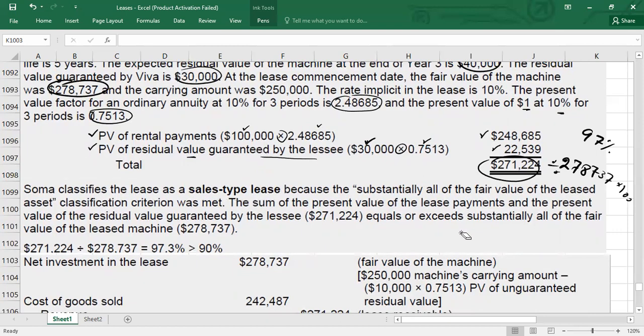Okay, and guys, here you should note one more thing. In this calculation, I have just included lease rentals and guaranteed residual value, which is equal to lease receivables.